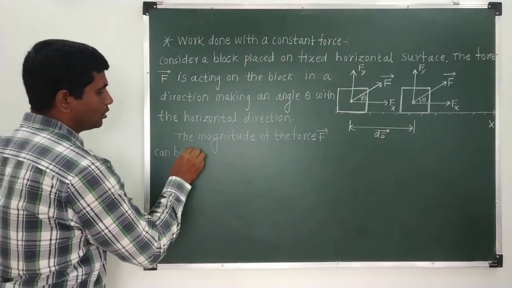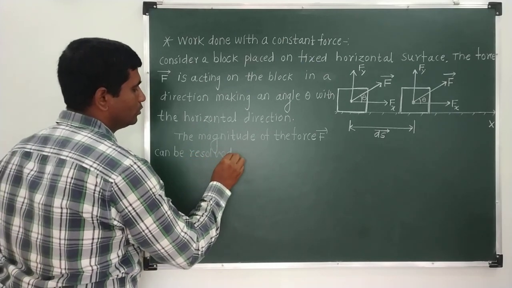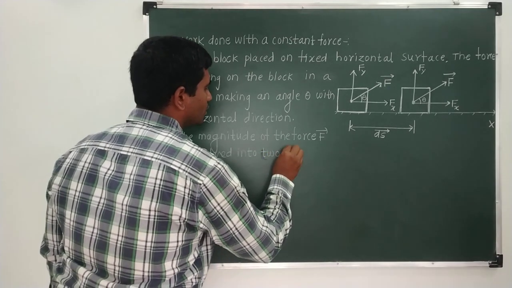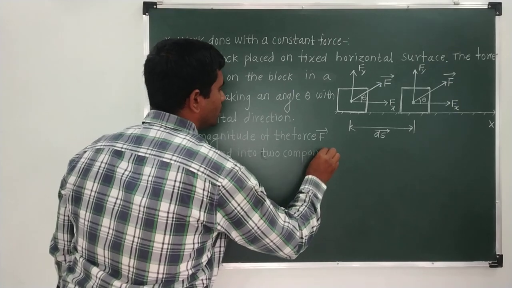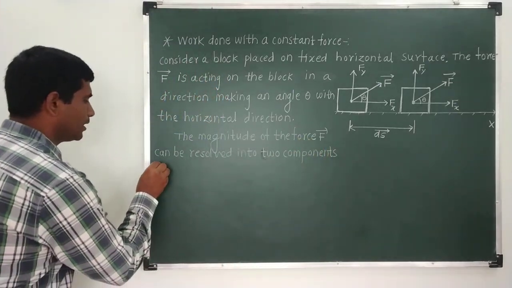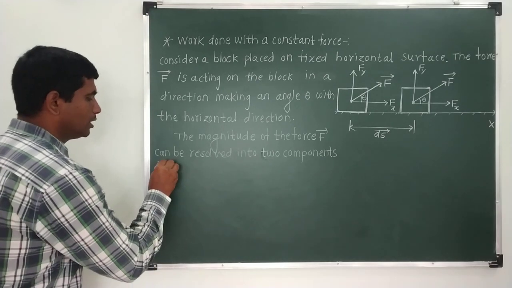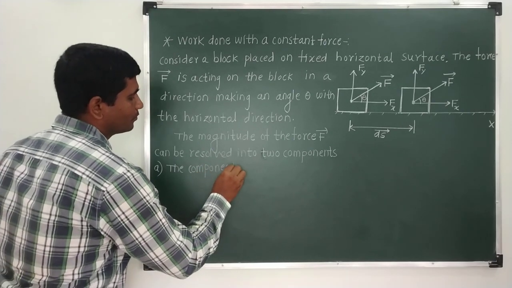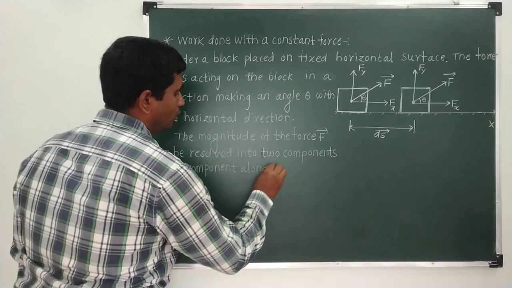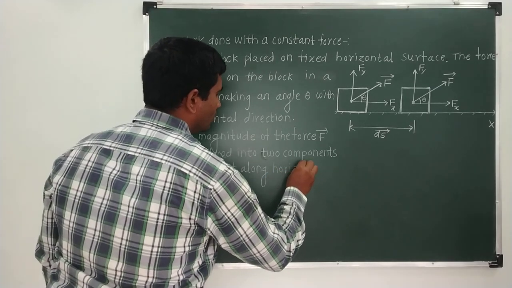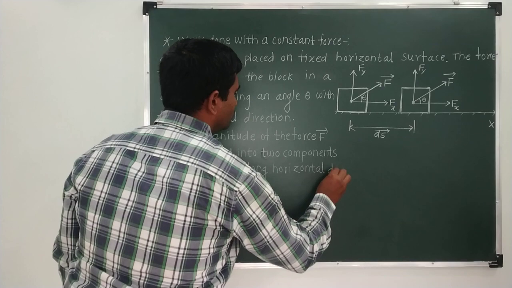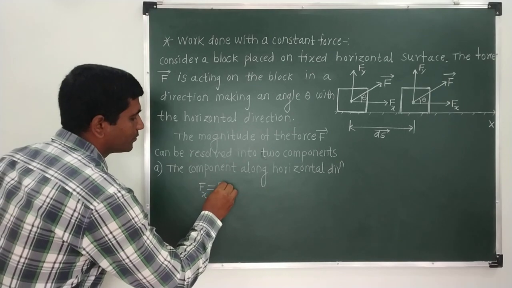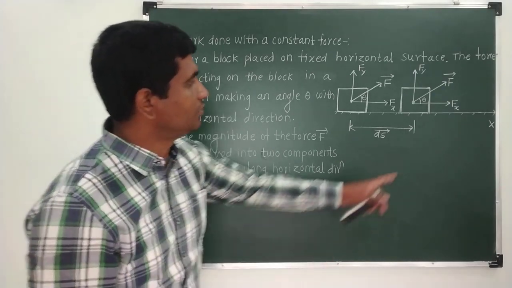The first component is the component along the horizontal direction, which is Fx equal to F cos theta, which we have just calculated.